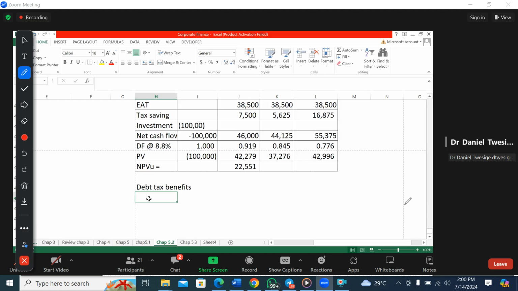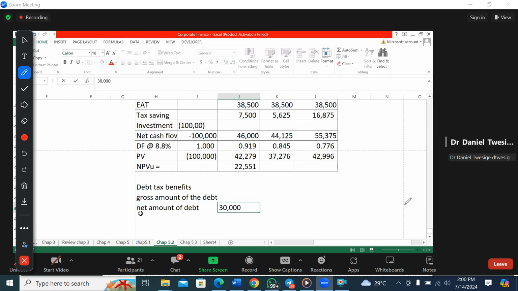First, we need to get the gross amount of the debt. What's the gross amount of the debt? Remember our net amount of debt was 30, when we calculated 30 million.